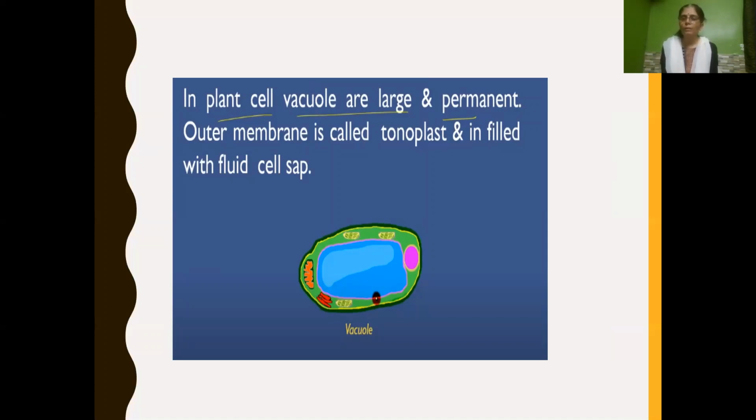The outer membrane of the vacuole is called the tonoplast, and it is filled with fluid, cell sap. This is for your extra information, but you should keep in mind that a plant cell vacuole is large and very few in number, and in animal cells vacuoles are very many and smaller in size.